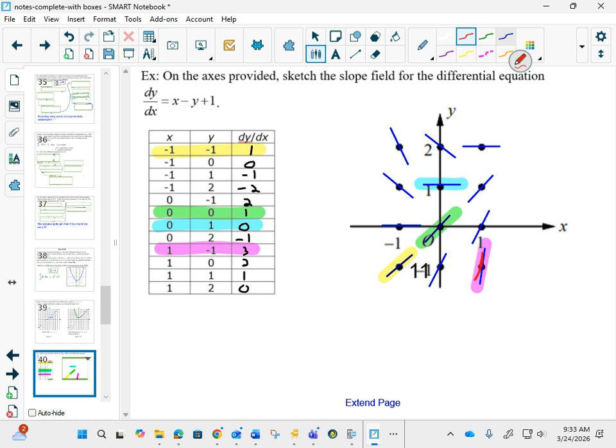That's your tangent line. Your little slope field is your little mini tangent line at that point. And then based on that, you would see where this graph goes. Like this graph would go here, turn this way, and eventually flatten out.